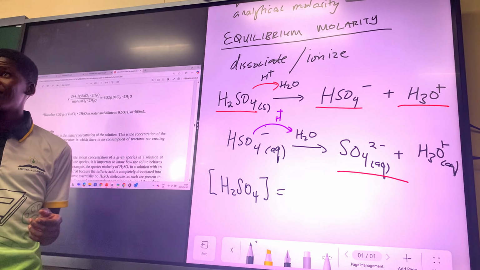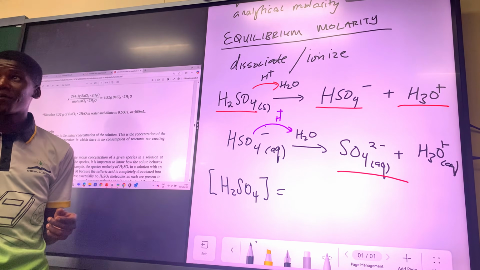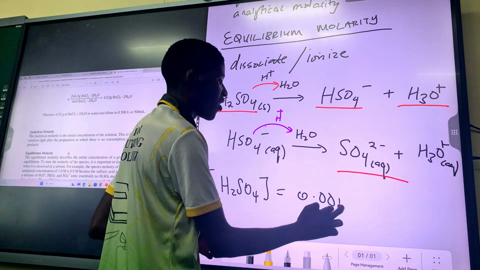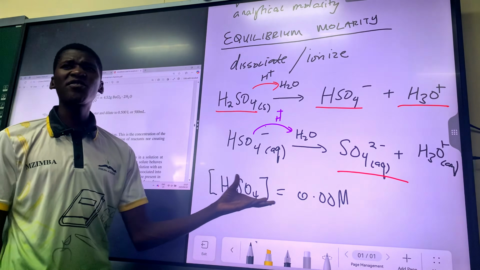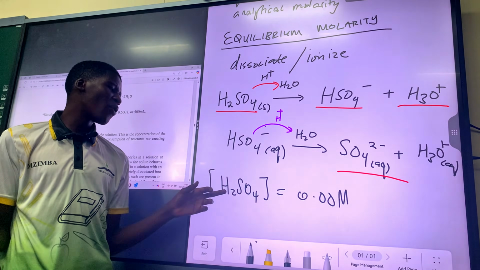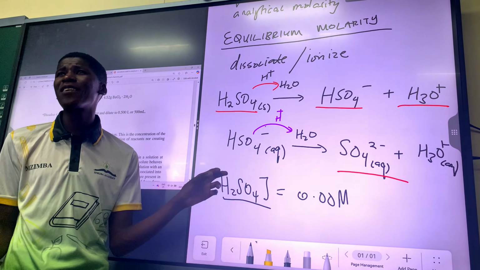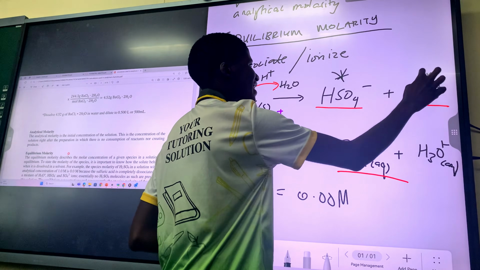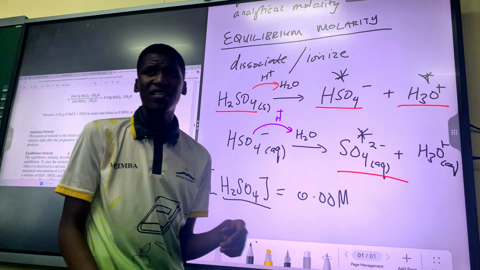Okay, someone says 0. Yes, also 0, because it's a strong acid. Remember, we say it's a strong acid, it dissociates completely. You cannot expect to find H2SO4 remaining, because H2SO4 will separate into these three things.